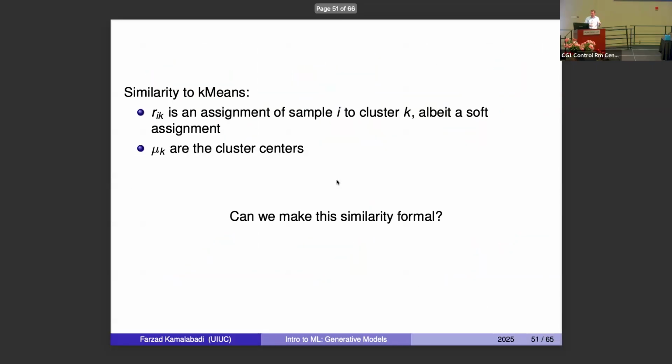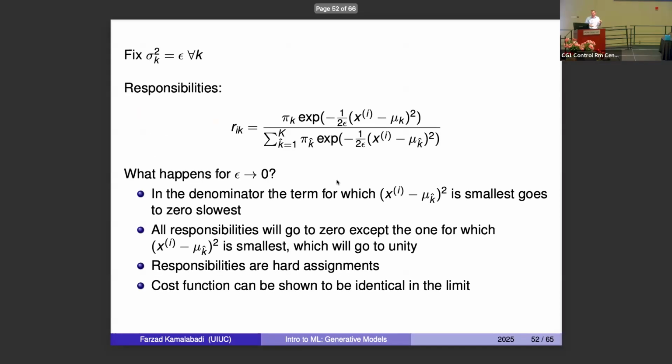Okay. And the final point that I want to leave you with, on this last slide, is the comparison of what I just showed you, the Gaussian mixture model, with k-means.